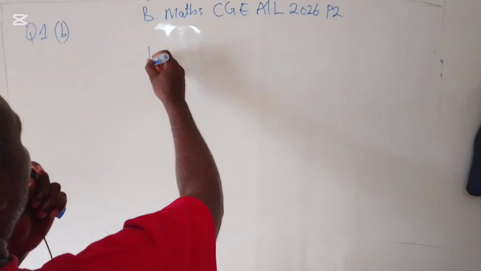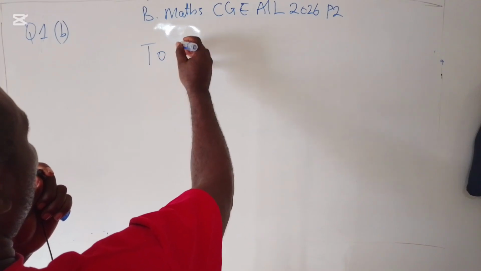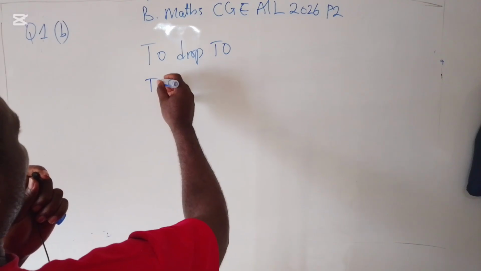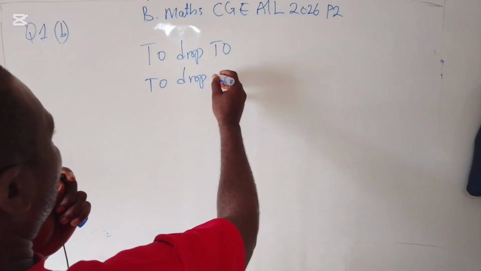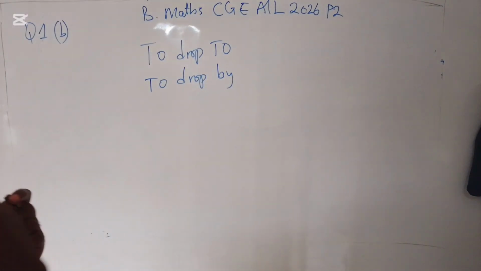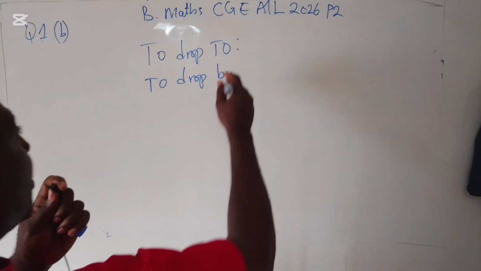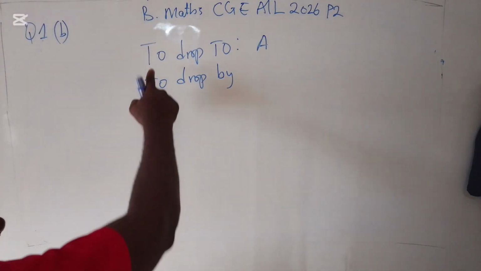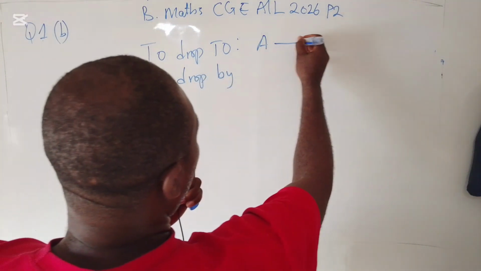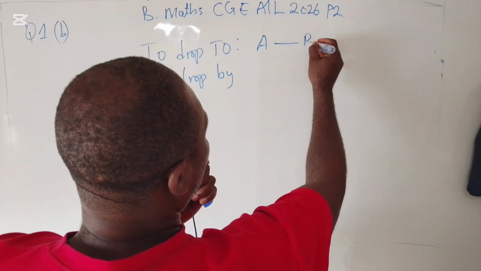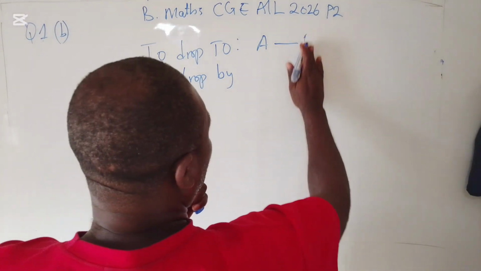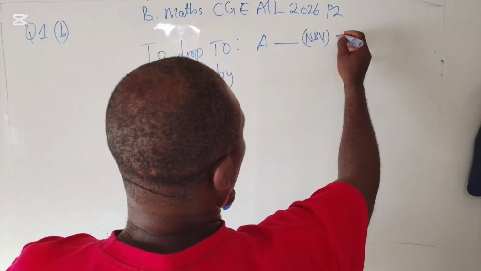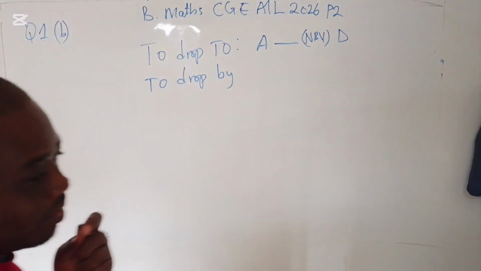We have two phrases: "drop to" and "drop by". When you hear "drop to" a value A, know that this value A is the net book value.